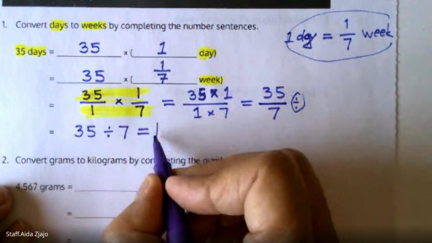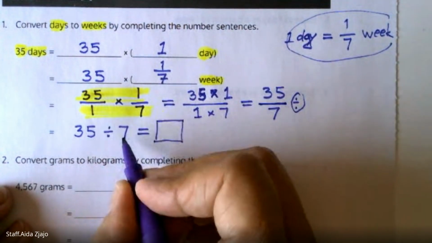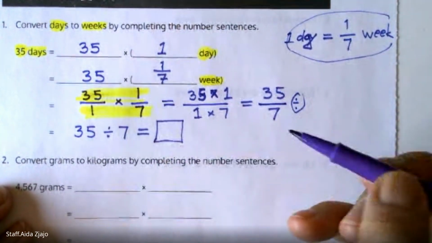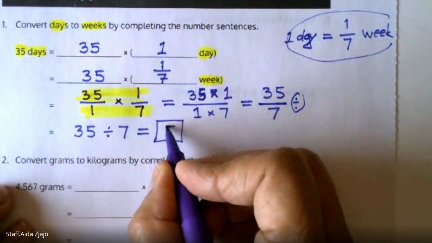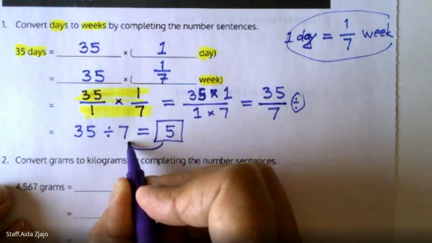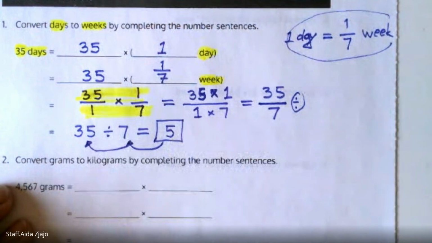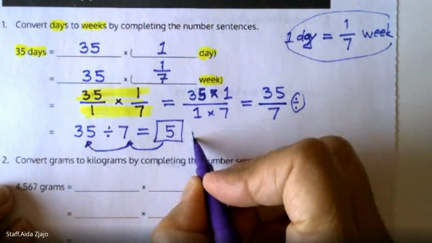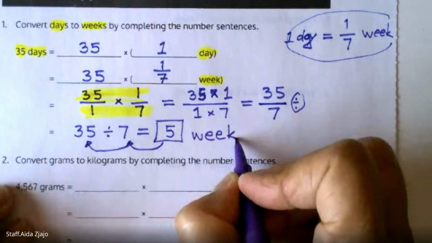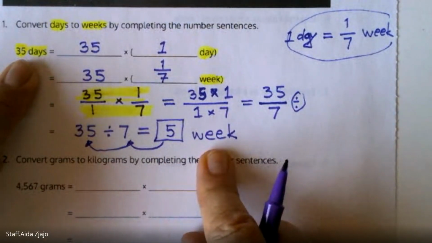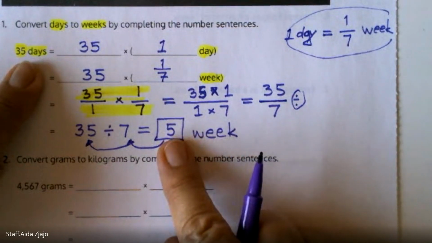You can think what number times 7 equals 35. And you can skip count by 7 to get, oh, there are 5 sevens in 35. So your final answer there is 5 weeks. In 35 days, there are 5 weeks because 35 divided by 7 equals 5.